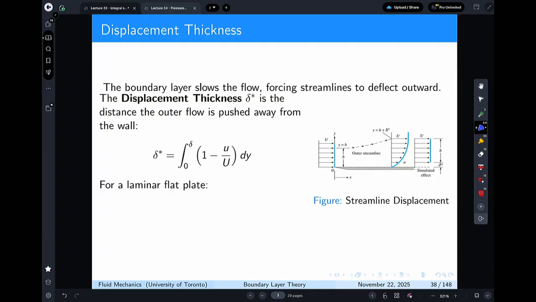For a laminar flat plate, it's about 1/3 of the boundary layer thickness.